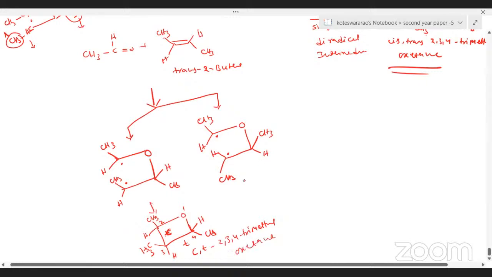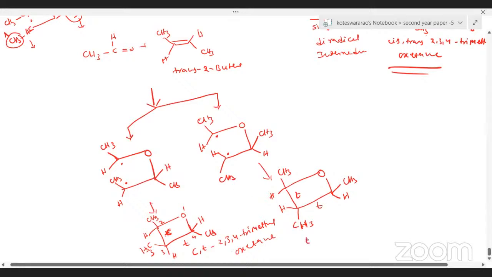Now the second product. So hydrogen is below the plane, this is above the plane, and this is the CH3 below the plane, hydrogen is above the plane. Here both are opposite to each other: trans. Both are opposite to each other: here also trans.